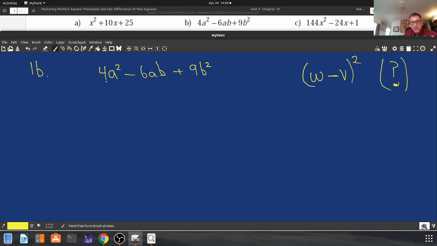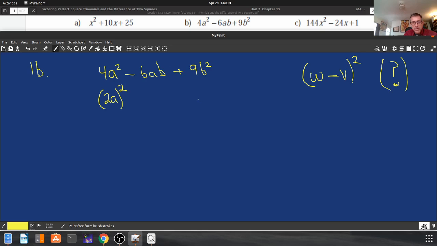So the first thing we do is I look at my first term and this has to be something squared. Well, the square root of 4 is 2 and the square root of a squared is a. So 4a squared is 2a squared. What about 9b squared?